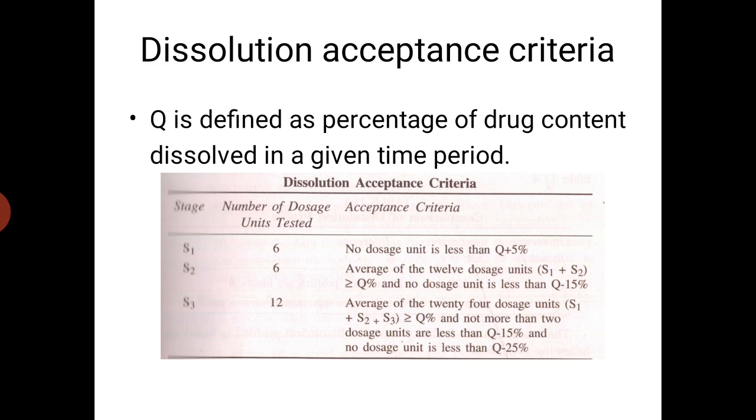So 3 stages: stage 1, 2, 3. Stage 1, 6 tablets. If it passes, it clears the dissolution. If it fails, it goes to stage 2, where we perform with another 6 tablets. If it passes, fine. If it fails, you have to go to stage 3 of dissolution. There you perform with 12 tablets, and compare with the acceptance criteria.